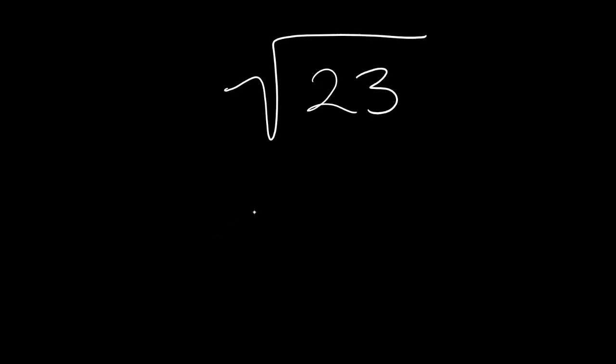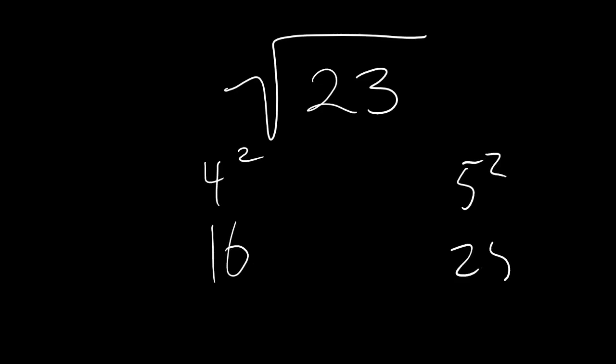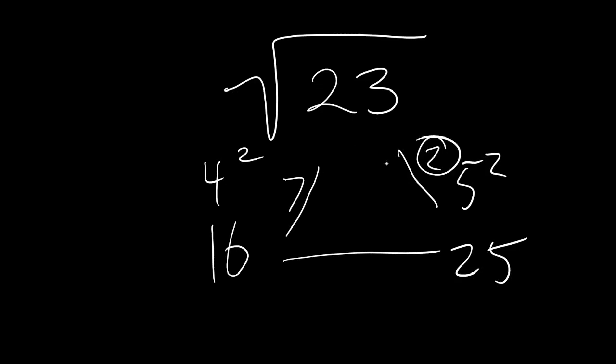It is in between 16, which is 4 squared, and 25, which is 5 squared. It's somewhere in between there. Which one is it closer to? Well, it's 2 away from 25 and 7 away from 16. So it's closer to 25, which means that the square root of 23 is in between 4 and 5, but it's closer to 5.